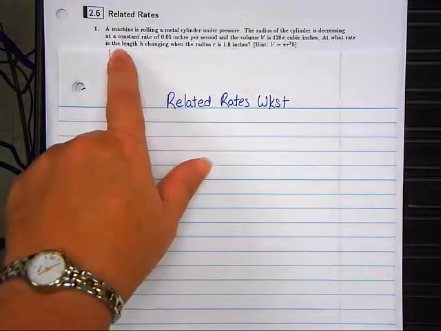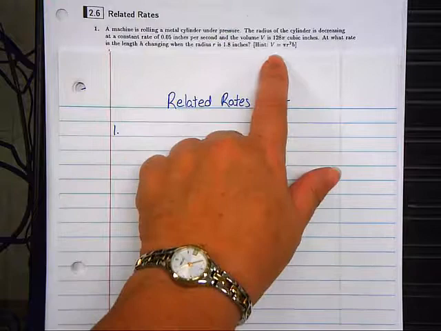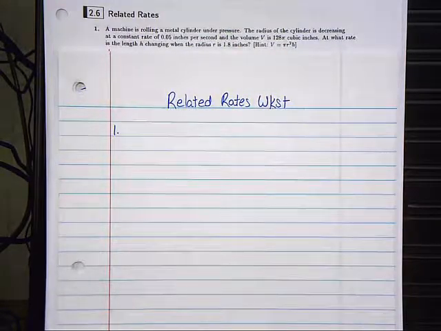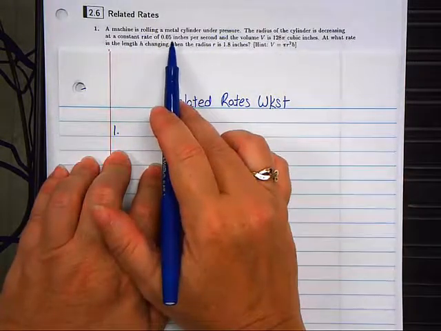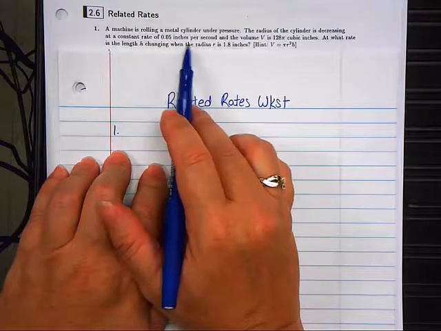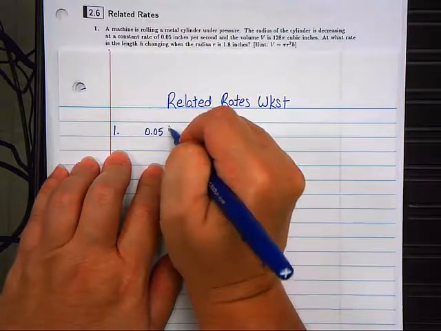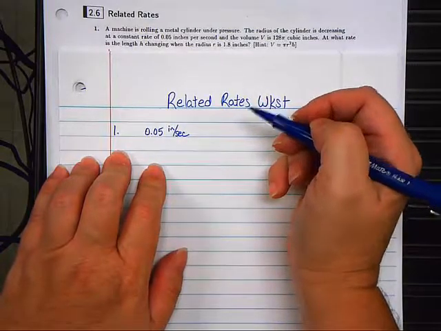At what rate is the length h changing when the radius is 1.8? Here's your formula. Step 1 is to identify all the numbers in your problem. First number we come to is this 0.05. Because it's inches per second, 0.05 inches per second, is it going to get a dt or not? Yes.